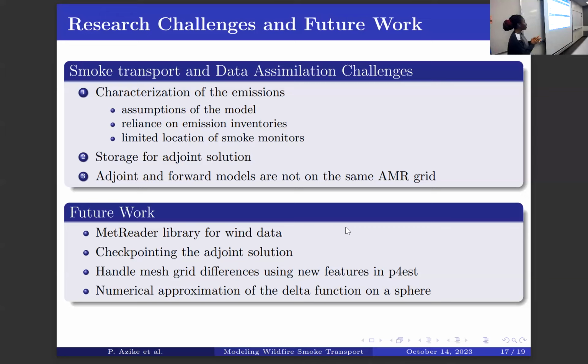For the wind data, we want to use the mesh reader library to have good wind velocities. We'll be checkpointing the adjoint solution so we can easily store it to implement in the forward problem. And we want to define the delta function on a sphere, so we're trying to get a good approximation of the equation on the sphere.